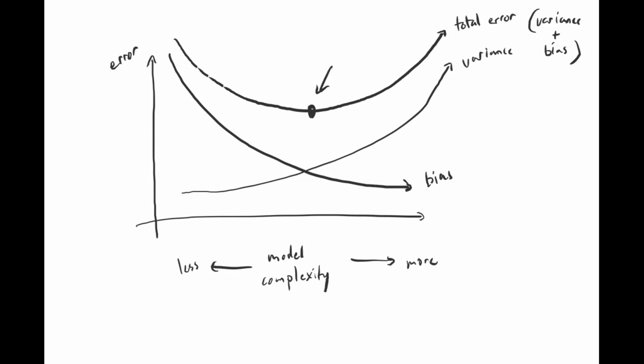You want to balance the complexity of your model in such a way that you are decreasing your bias as much as possible, as well as your variance, so that your total error is minimized. And this is the point that you would try and find through something like a cross-validation procedure, and through some of the other metrics that we're going to talk about today. It's all meant to hone in on this concept, this idea.